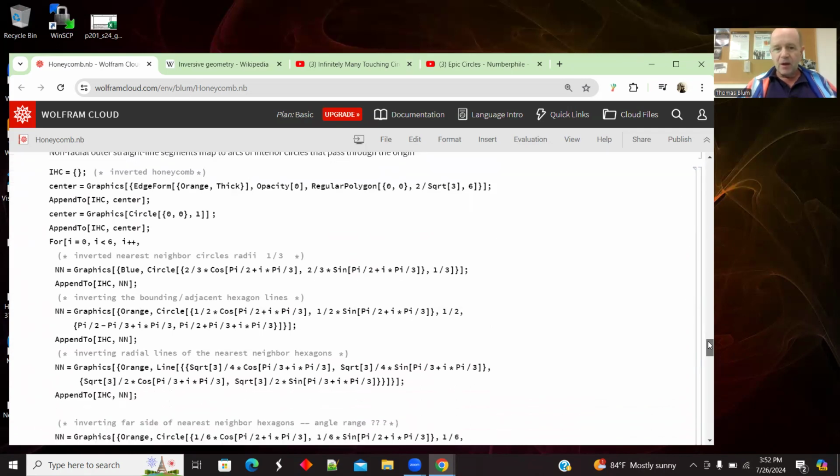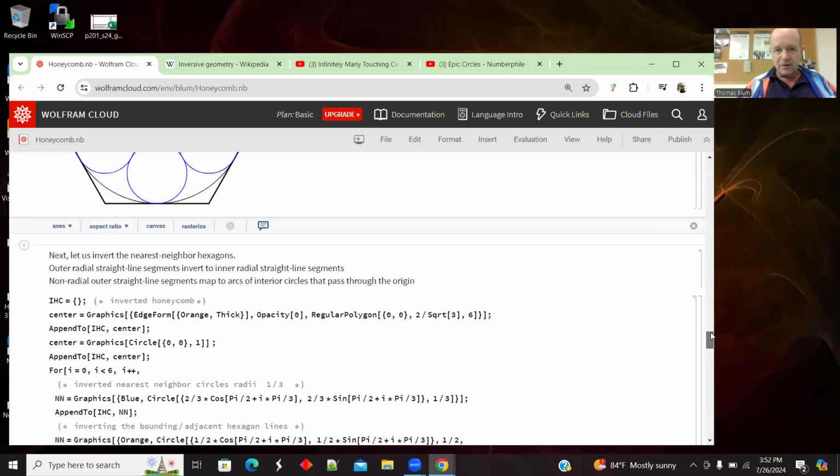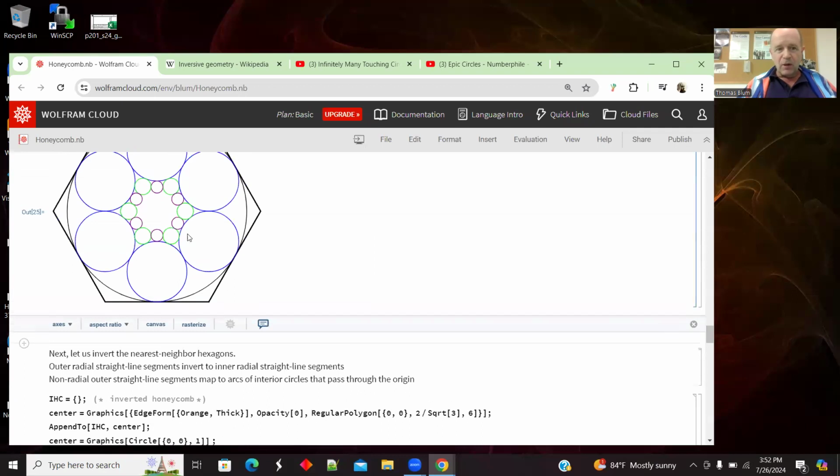I need to figure out their center, but I know that if I drew a full inverted circle from some exterior line segment, it would pass through the origin.